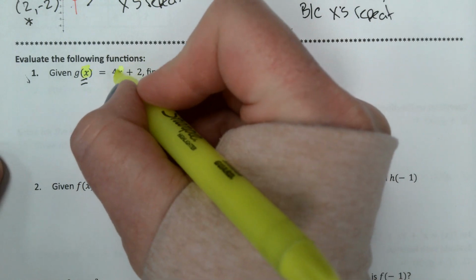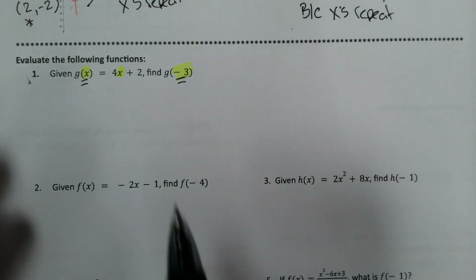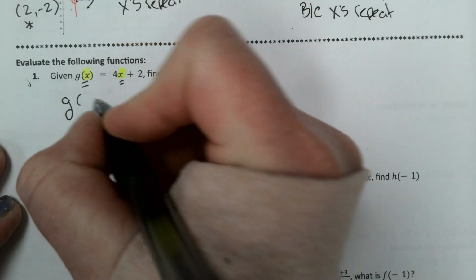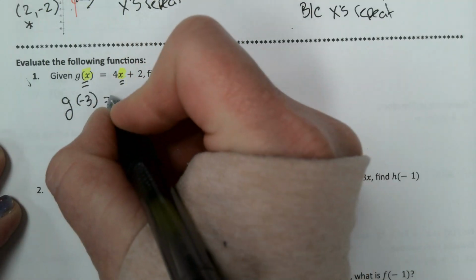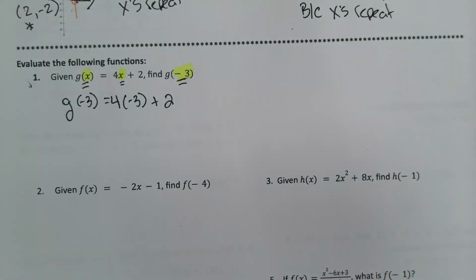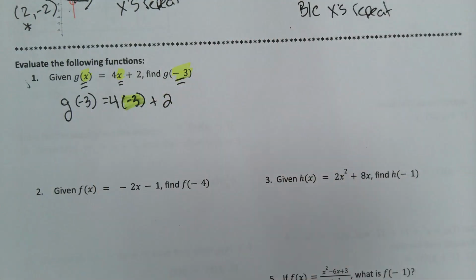So anywhere that you see an x on the other side, you're going to replace it with whatever this number is here. So g of -3 equals 4 times -3 plus 2. So where that x was, I just plugged -3 in its spot.